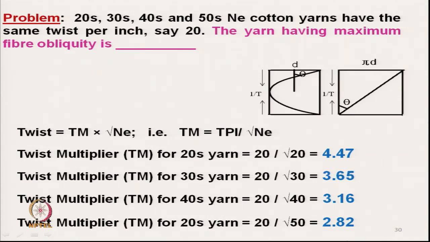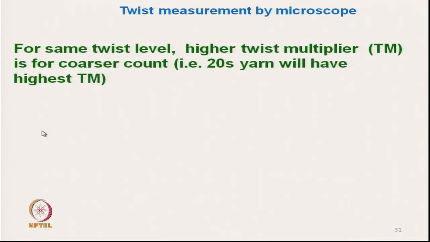Among these yarns, the 20s count is the hardest yarn, and the softest is the 50s count yarn, because it has the least twist multiplier, although the amount of twist per unit length is the same. So, the conclusion is that for the same twist level, higher twist multiplier is for coarser yarn.